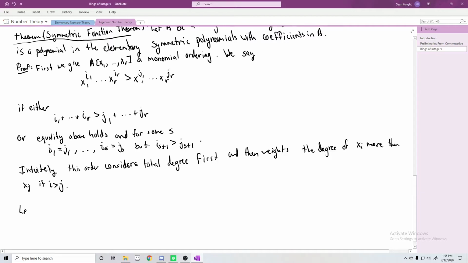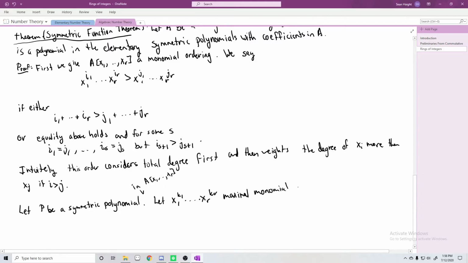So I'm going to let P be a symmetric polynomial in A[x1 through xr]. And I'm going to let x1 to the k1 through xr to the kr be the biggest, the maximal monomial in P with respect to the above order.